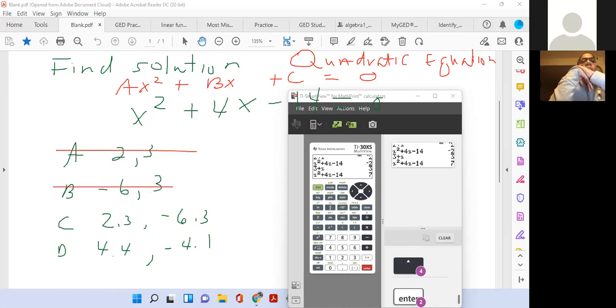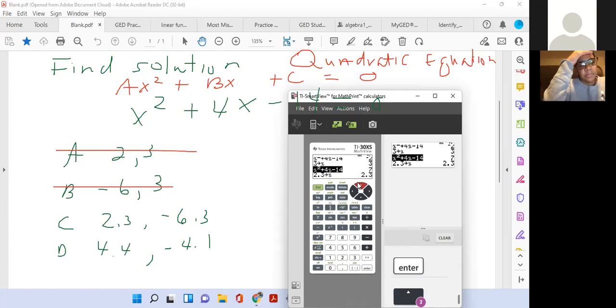So again, now this is where sometimes people get confused. Remember, you can store anything as X. You can store a fraction, a whole number, a decimal, a radical. It doesn't matter. You can store all these things in X. So let's do 2.3. 2.3, store X. Go back up into our formula.